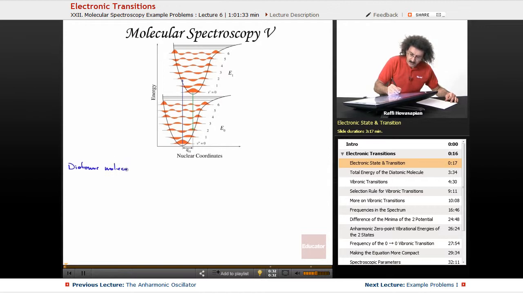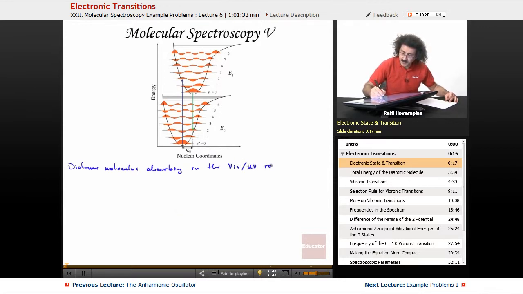So diatomic molecules absorbing radiation in the visible ultraviolet range, they experience transitions to excited electronic states.